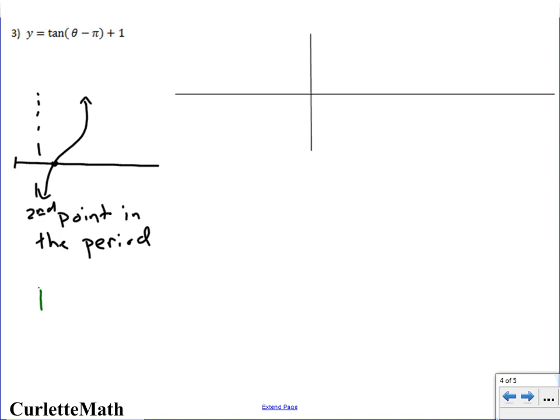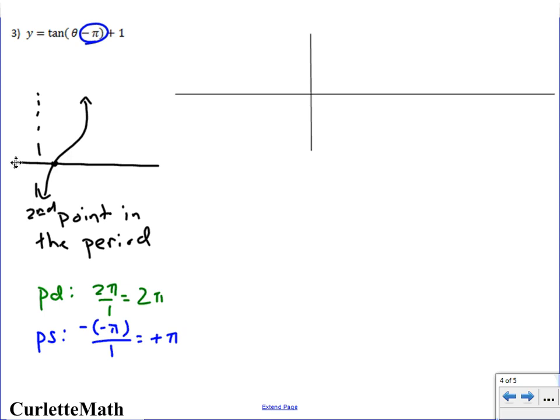Our period is going to be 2 pi divided by 1, which is going to give us 2 pi. And here we're going to have a phase shift because there's something being added or subtracted to that theta. So our phase shift is going to be negative of negative pi divided by the number in front of theta, which is 1, which is just a positive pi.